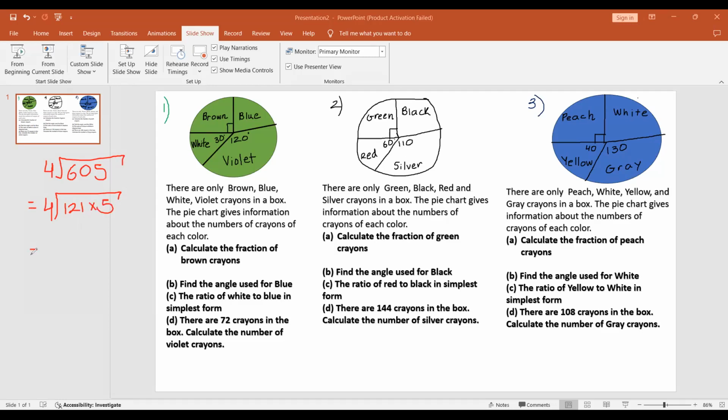So it's going to be 4 root 11 squared times 5, which is 4 root 11 squared multiplied by root 5. The square cancels with the root, so you have 4 times 11 root 5, which is 44 root 5. See, so that's how you take it out.